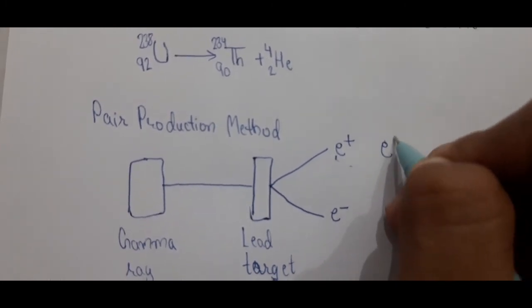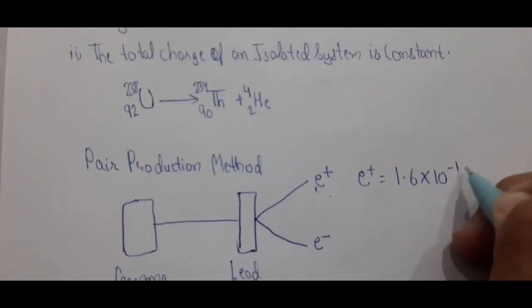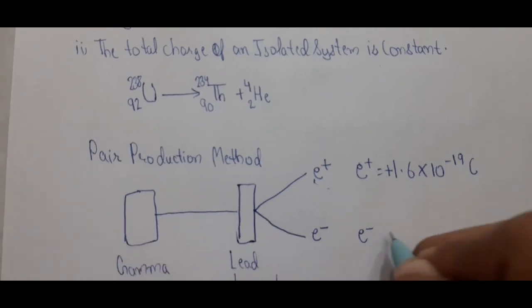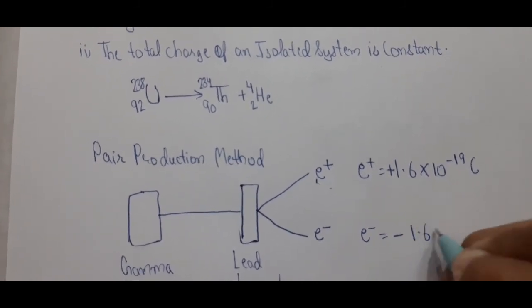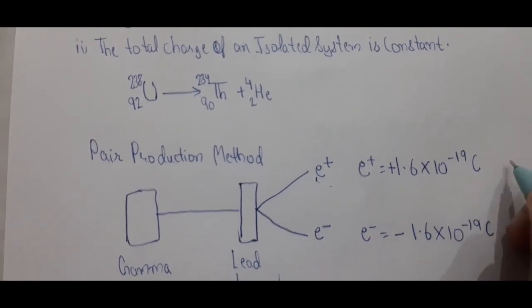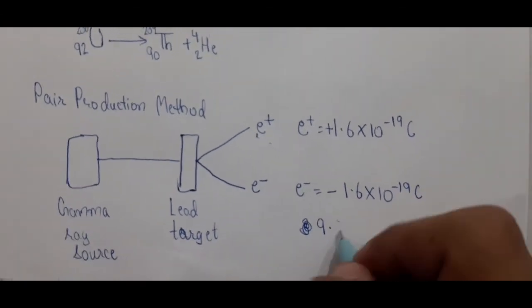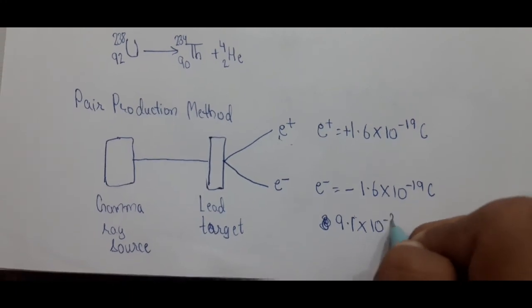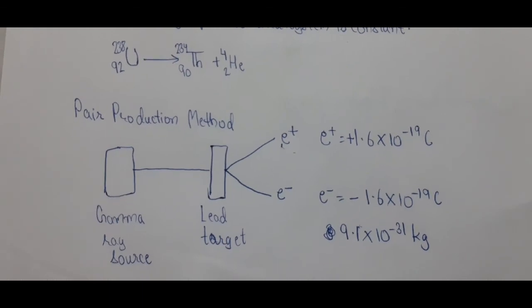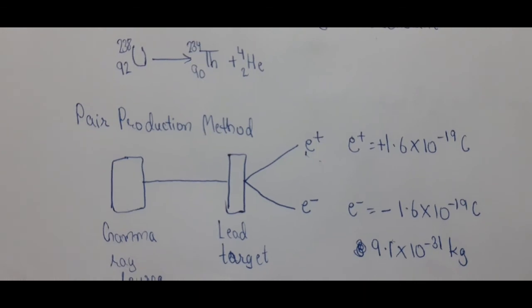Positron charge is 1.6 into 10 raised to power minus 19 coulomb, and electron charge is negative 1.6 into 10 raised to power minus 19 coulomb, and both of their mass is 9.1 into 10 raised to power minus 31 kg. So this was the example of pair production method.